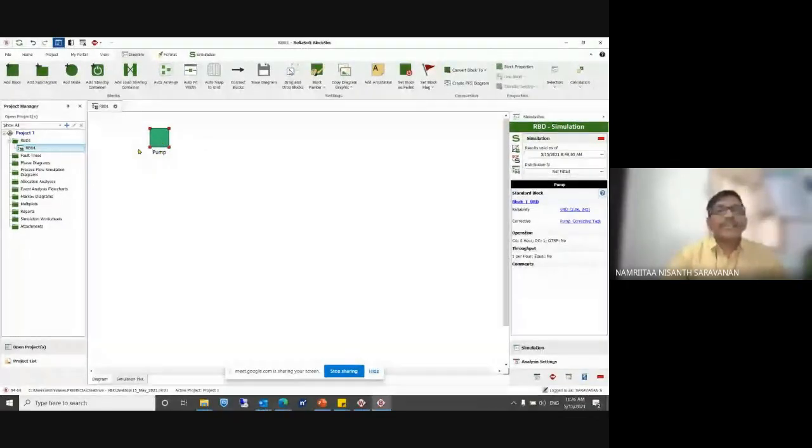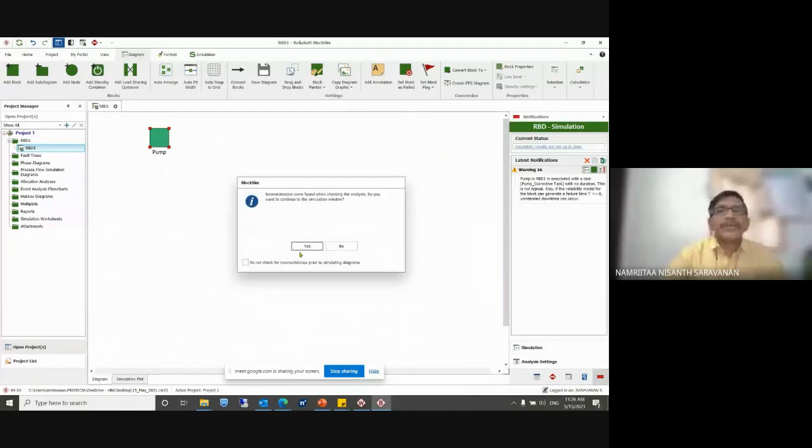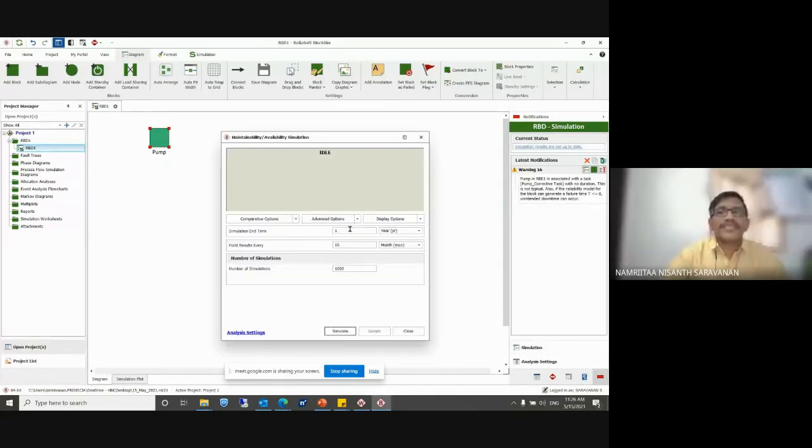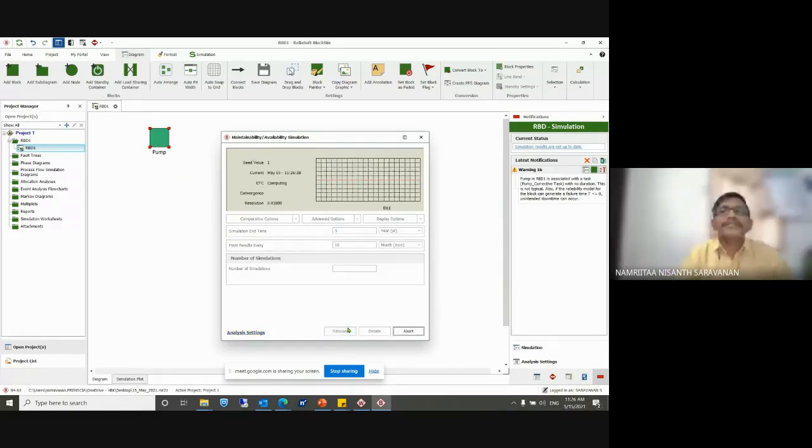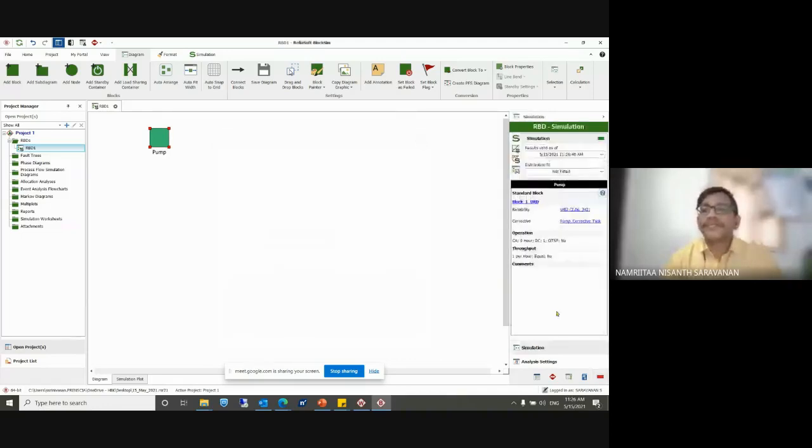If I want to run this pump for, let's say, 5 years, how many failures do I experience? In that case, the pump is not failing in a 5 year time frame. There is no problem with that. Let me put some 10 years, because the mathematical model I give depends on that.